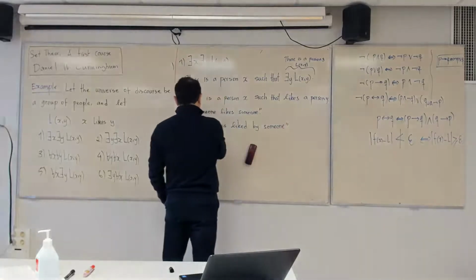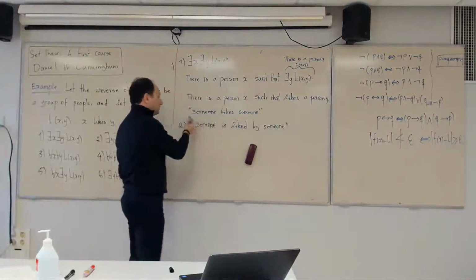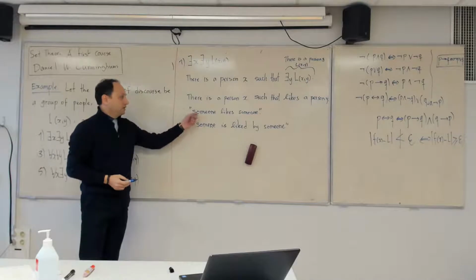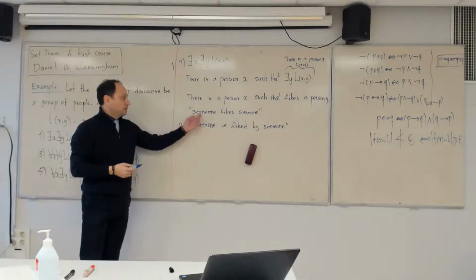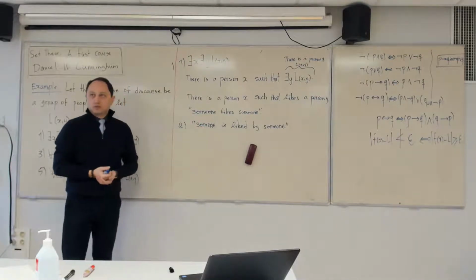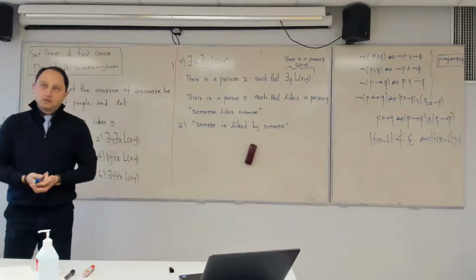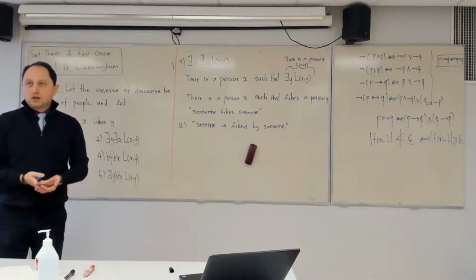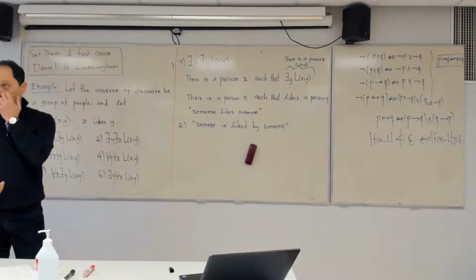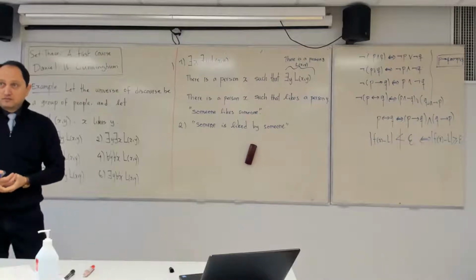Now think a little bit. What do you think? Do you think this contains new information, more than this one, or the other way around? Or they are the same? Someone likes someone. Someone is liked by someone. Are they the same or not?